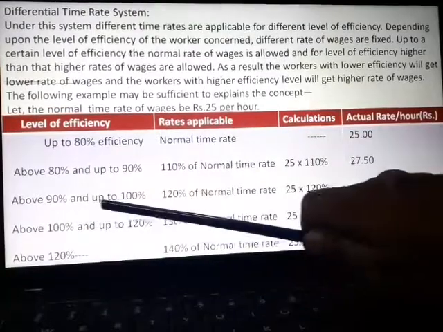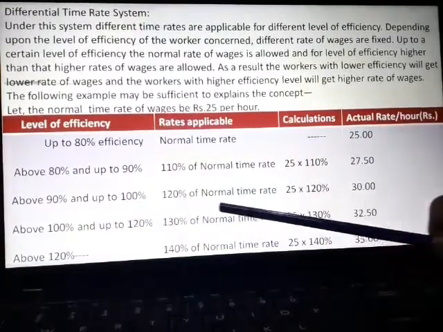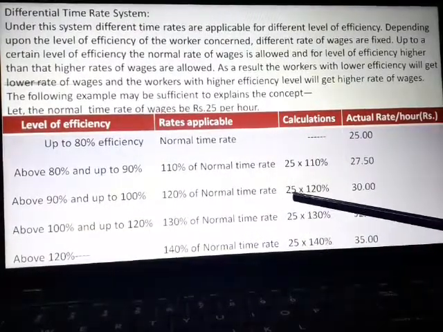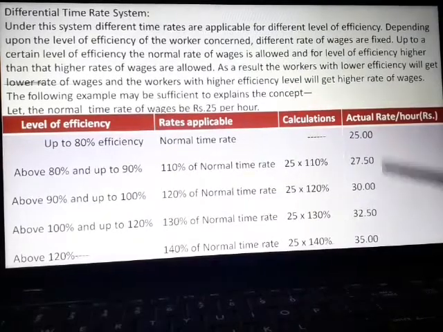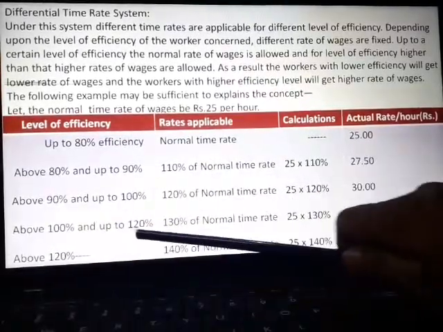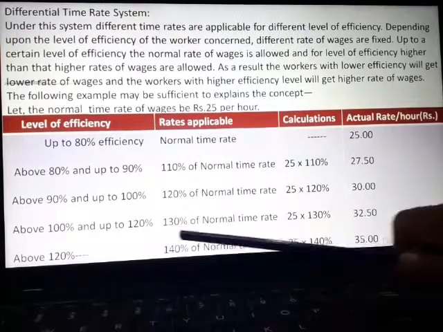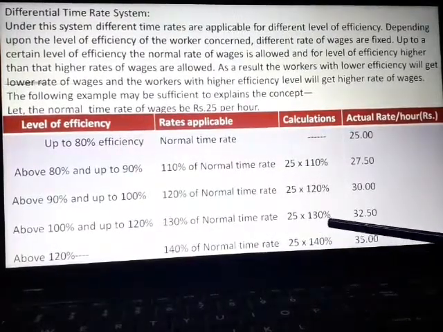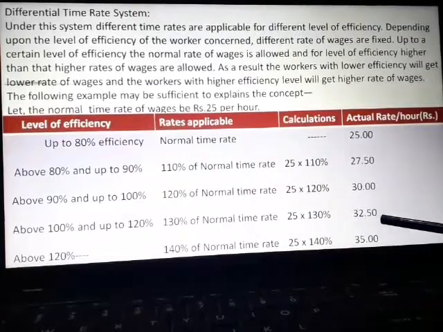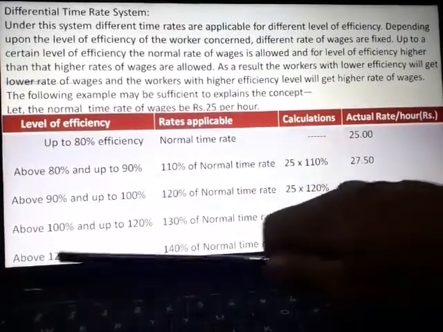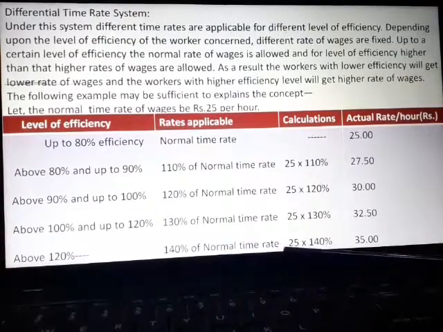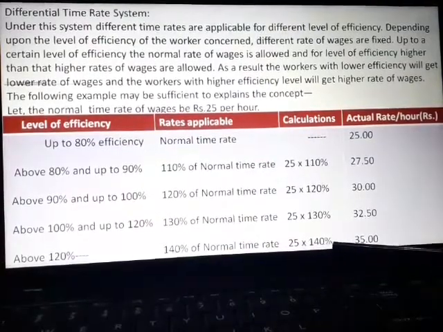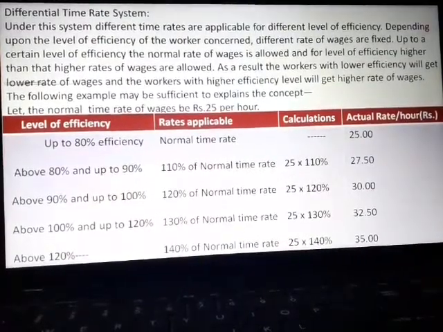Above 90% but up to 100%, 120% of normal time rate, 25 into 120%, rupees 30. Above 100% up to 120% of efficiency, 130% of normal time rate, 25 into 130%, 32.50. And above 120%, 140% of normal time rate, 25 into 140%, that is 35 rupees.